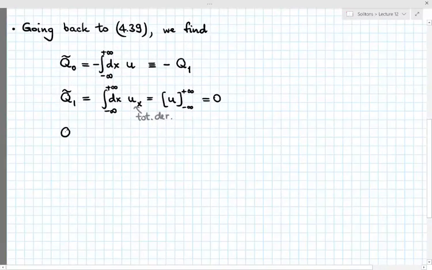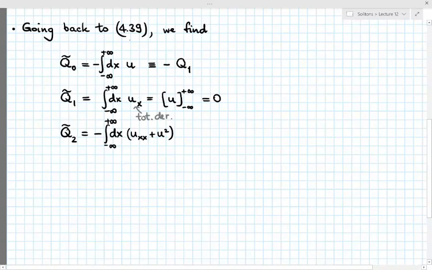Next, we look at Q tilde 2. That was the integral over x of W2, which is equal to minus Uxx plus U squared. The first term is again a total derivative, and since Ux tends to 0 at infinity, the corresponding integral vanishes.